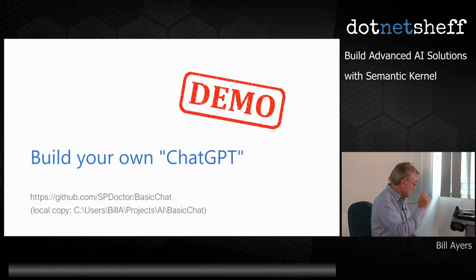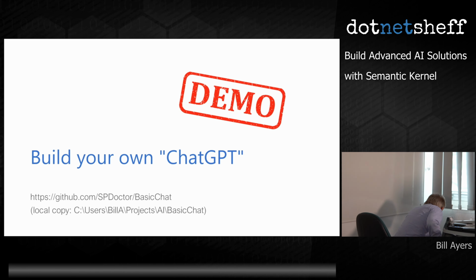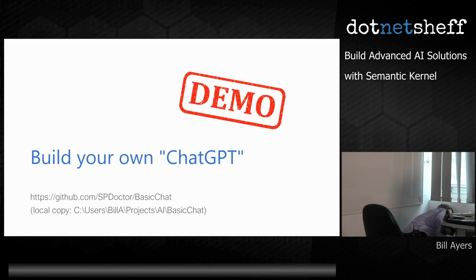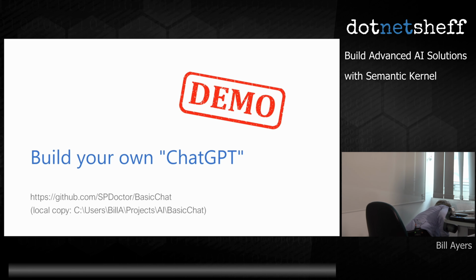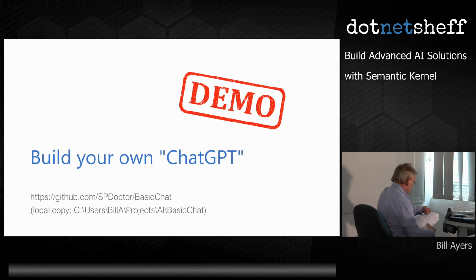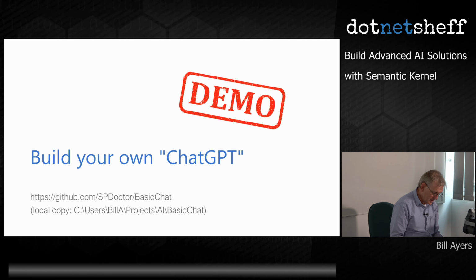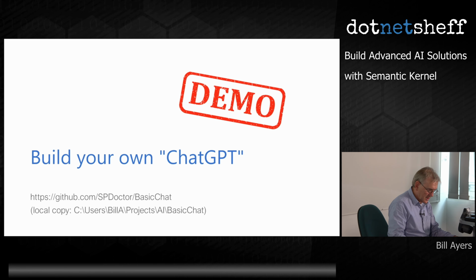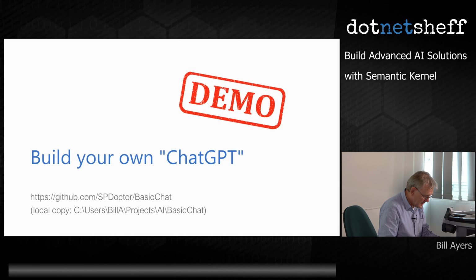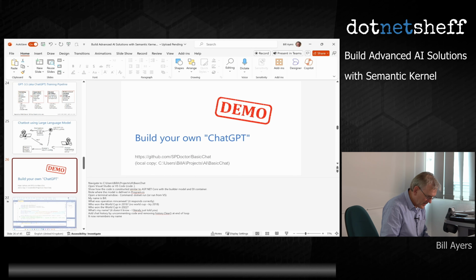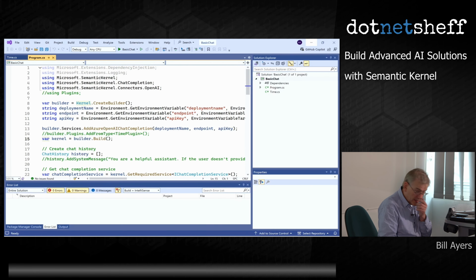So first thing I'm going to do, I've got some notes here so I don't miss anything. Right, so what was I going to do here? Is that visible at the back?